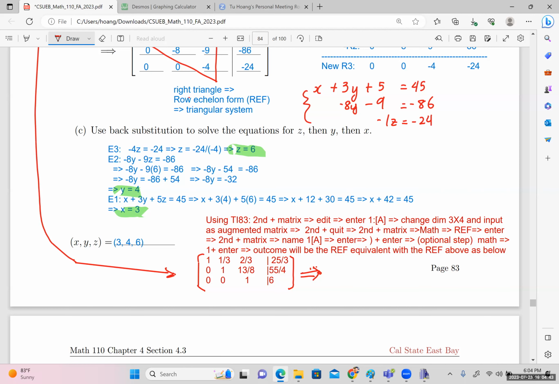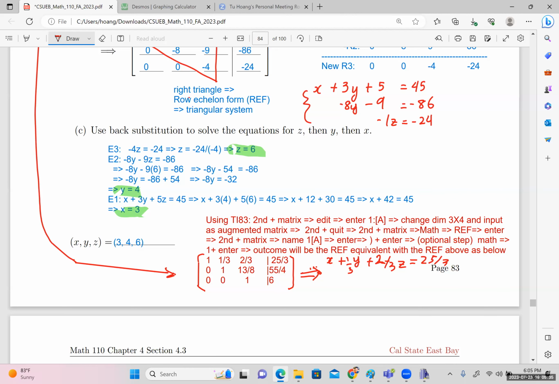When you use calculators, you will end up with changing back to the system as x plus 1/3 y plus 2/3 z equal to 25 over 3.